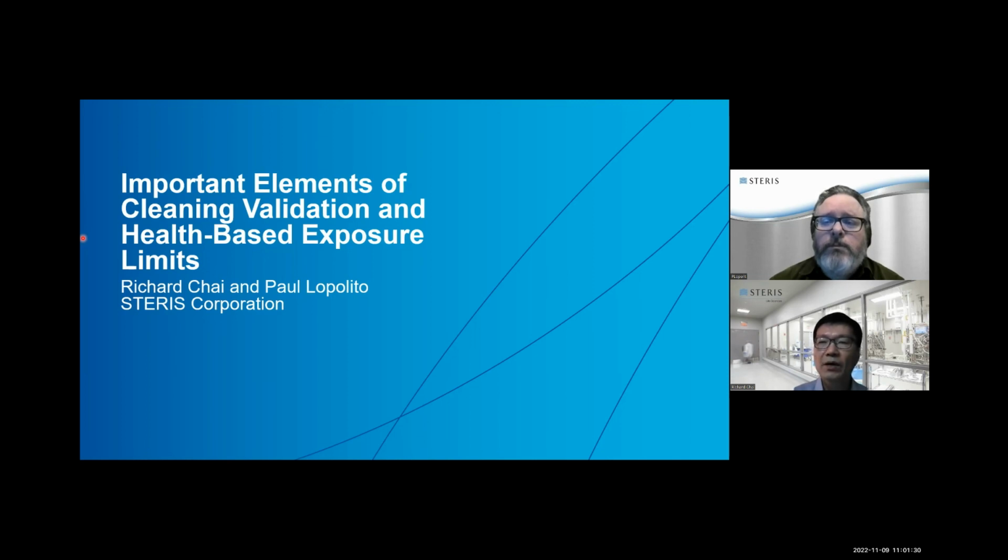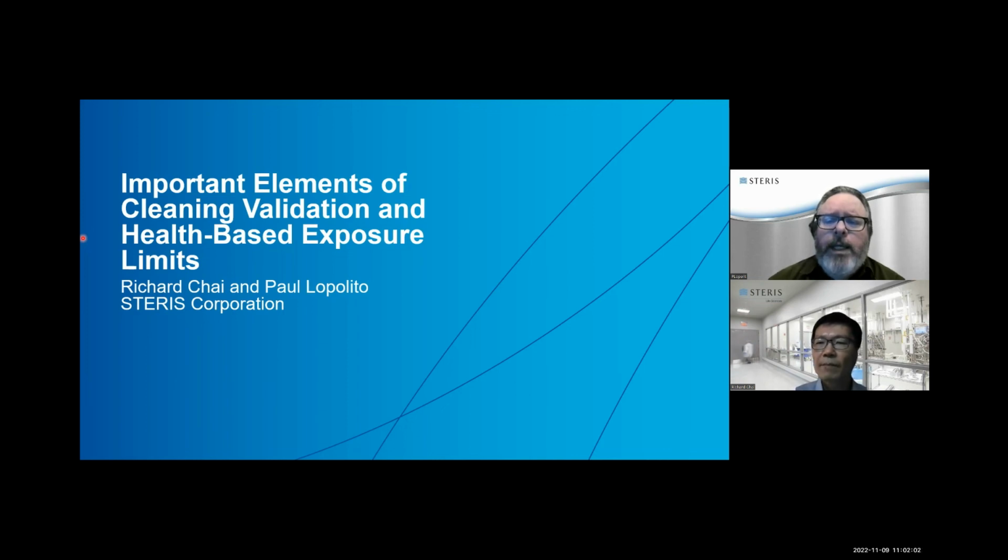And of course, in those cases whereby, for example, if you have protein-based products, normally after the cleaning process, the protein can be degraded. So in those cases, you can't use specific methods to detect the carryover. In those cases, you can use the non-specific methods such as the TOC methods for the detection of the residues. So it really depends on the type of products that you are looking at.